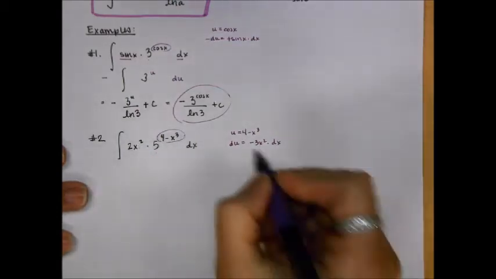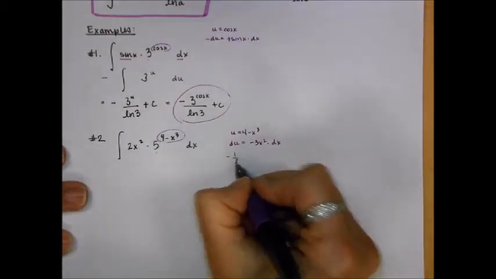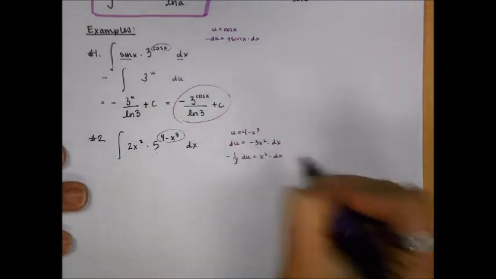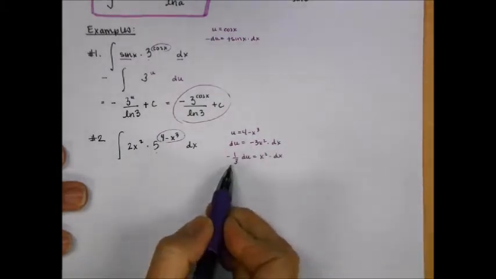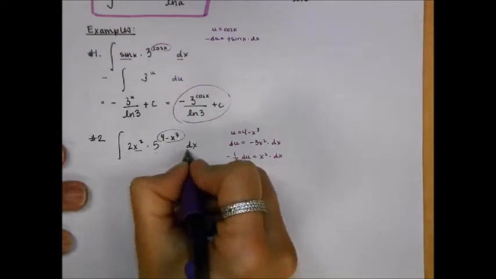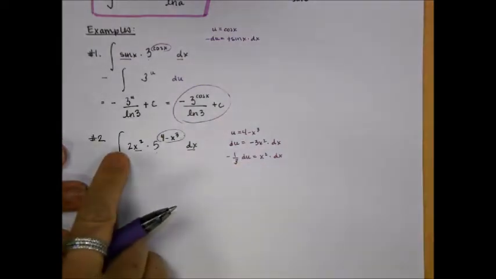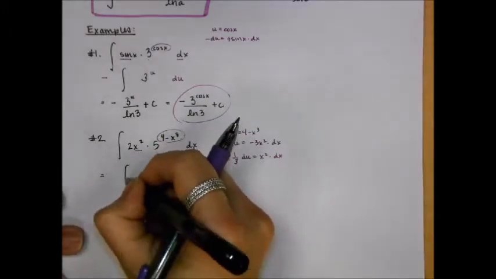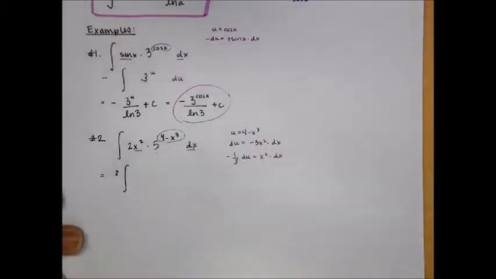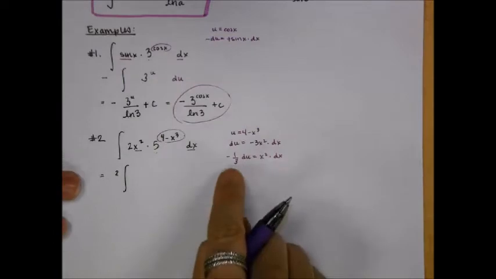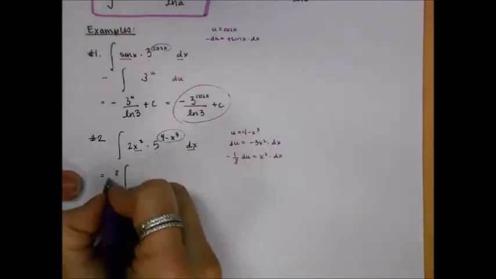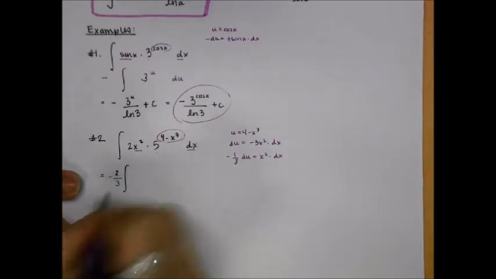So we'll divide the negative 3 over to the left. So now negative 1/3 du will replace x squared dx. The 2 will just stay in the problem. And really, we can factor it out of the integral along with the negative 1/3.